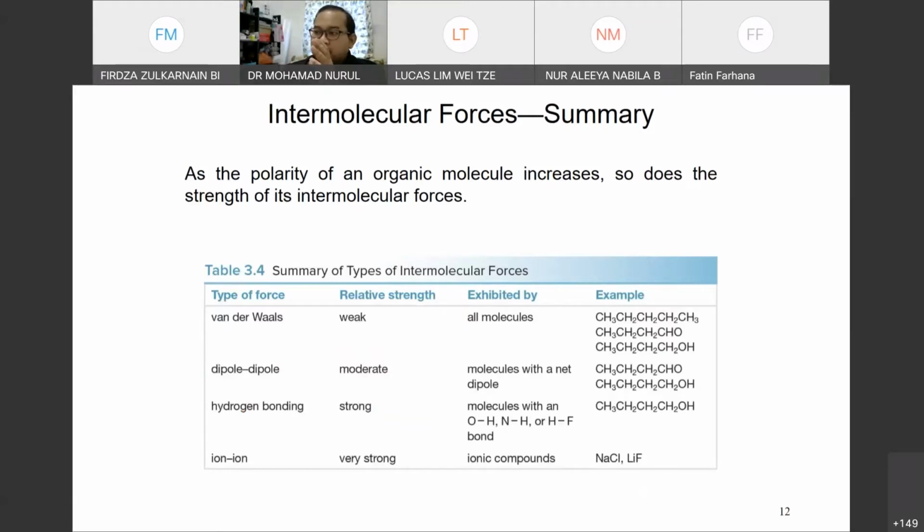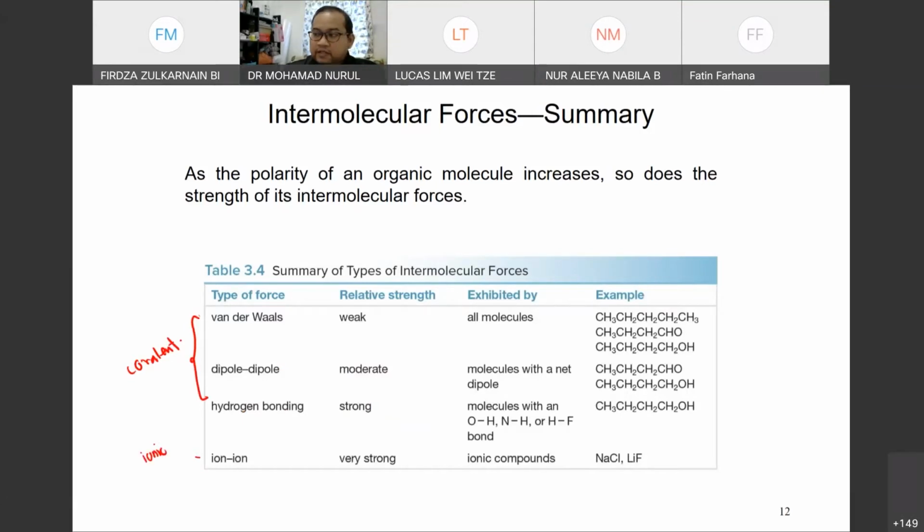As we know, van der Waals is the weakest one, followed by dipole-dipole interactions, and the last one is hydrogen bonding. But this one is the covalent, and this one is the ionic.